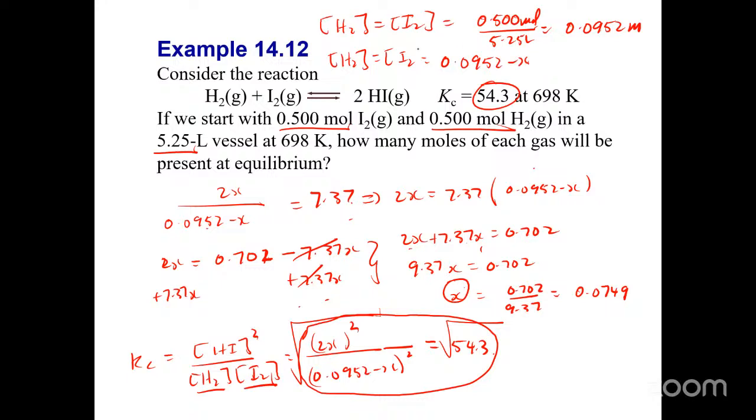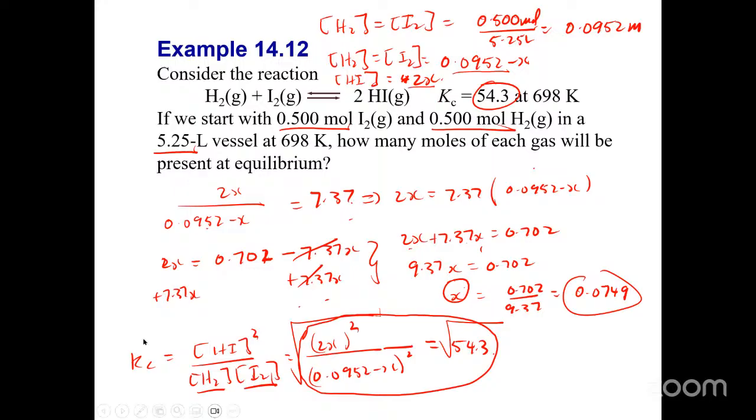And the concentration of HI would be equal to 2x. So once we find x here, we plug that value of x into this expression and this expression, and that will give us the concentrations in each case.